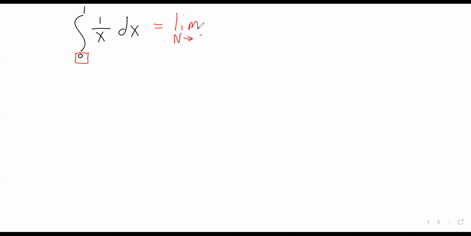So we define this as a limit. And then we compute this integral using the fundamental theorem of calculus. We, for the moment, are not going to worry about that limit. We'll just take the integral and see what happens.